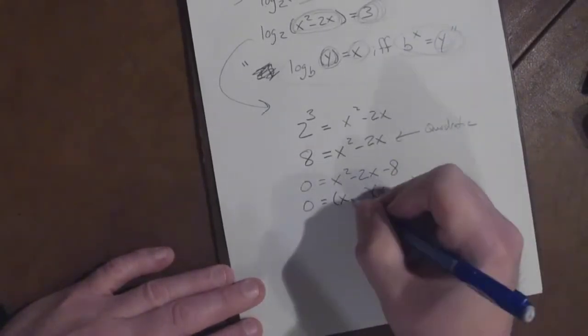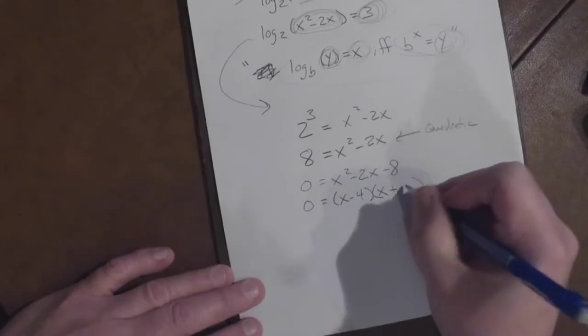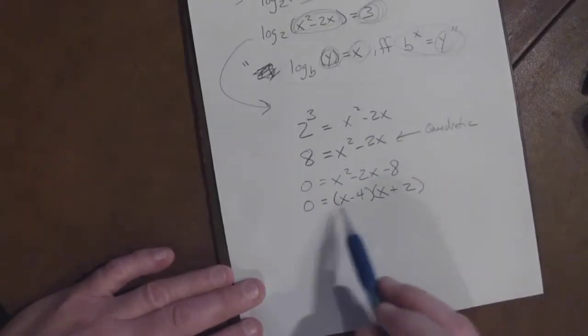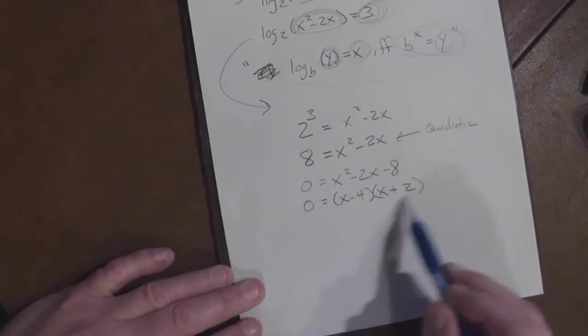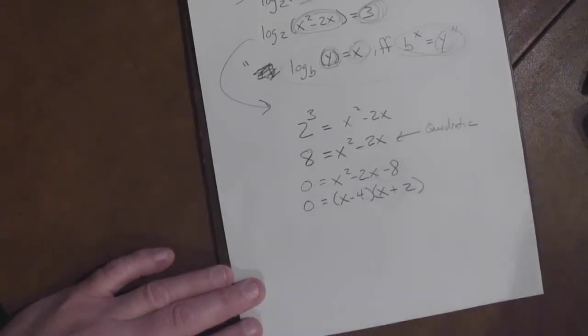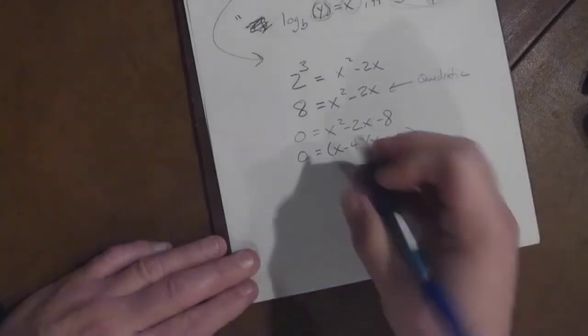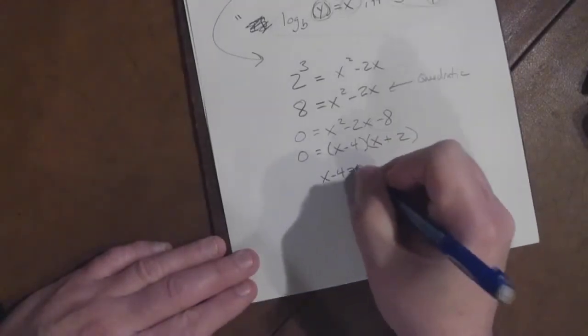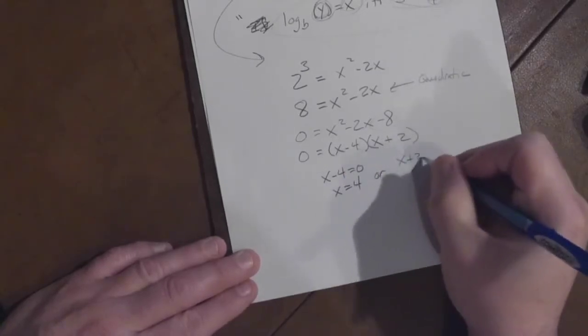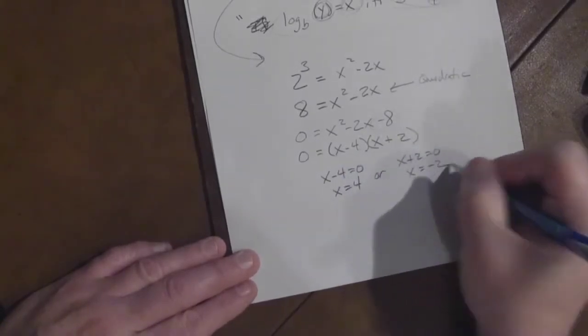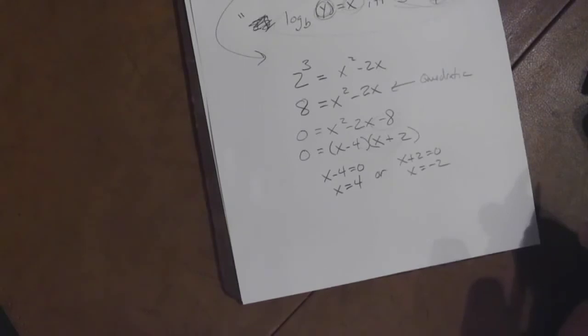And I do believe this case does factor into x minus 4 and x plus 2. You will see that gives us x squared minus 2x for the middle term, and then minus 8 for the last term, so that does factor. Where to finish off, we apply the zero product property with each of those factors and find x is either equal to 4 or we find x is equal to -2 in value.